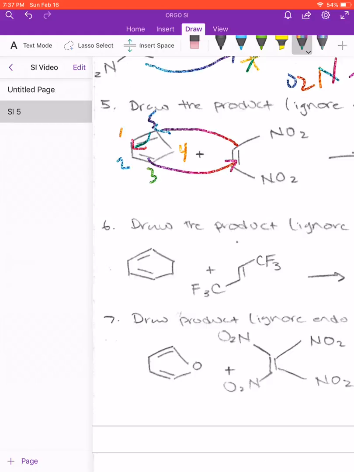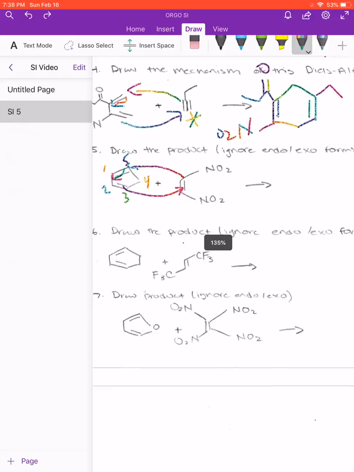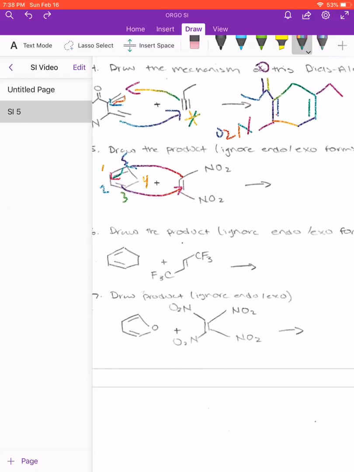So carbon number 4 wasn't even touched, right? So carbon number 4 was not even touched, right? So we can draw this exactly like we had it. And that's usually what I do. That's easiest for me. Exactly how it was before.